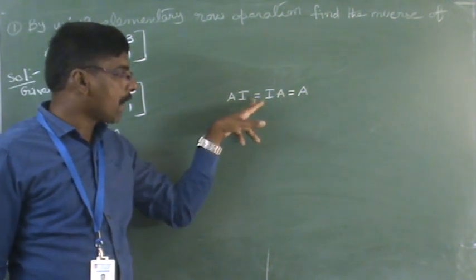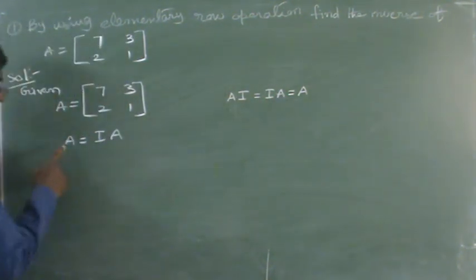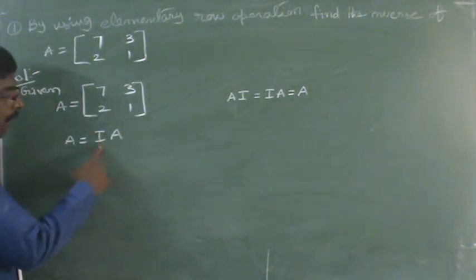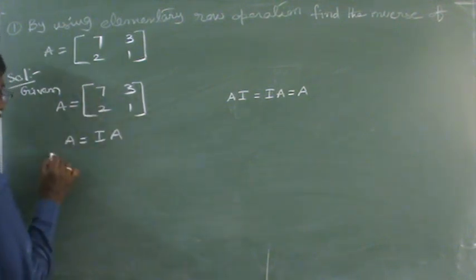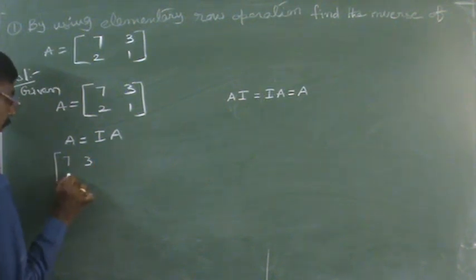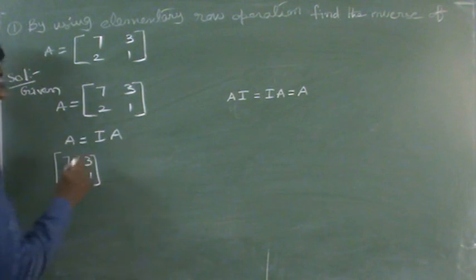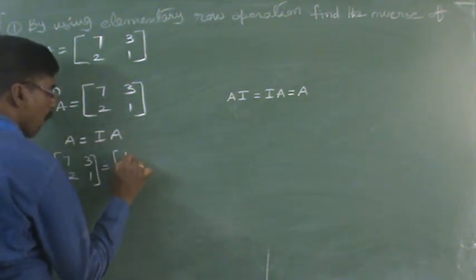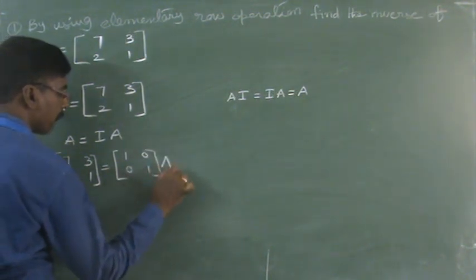A into I equals I into A equals A. So in the case of matrix A, I am writing I into A. Matrix A is replaced as 7, 3, 2, 1, and the unit matrix I is 1, 0, 0, 1, into A.